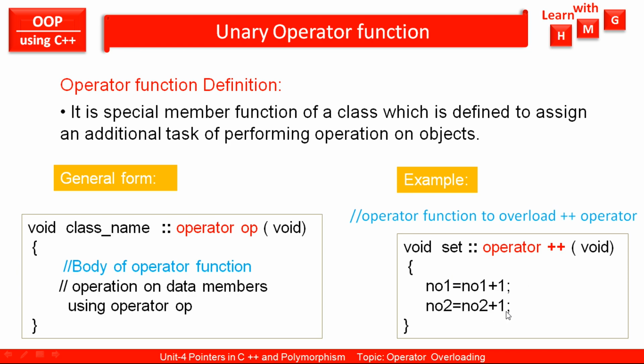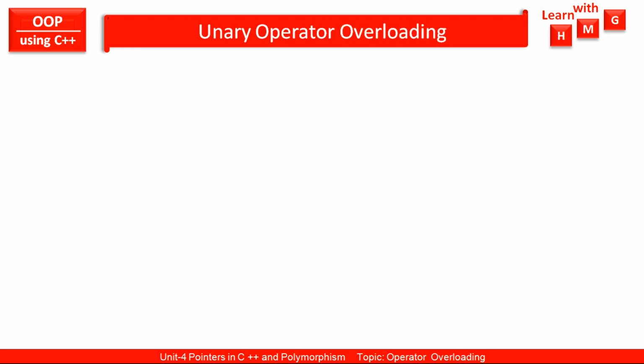So this is the additional task assigned to this operator plus plus function: whatever object calls this particular function, the data members of that calling object will get incremented by 1 due to this function. So this is overloading a unary operator.